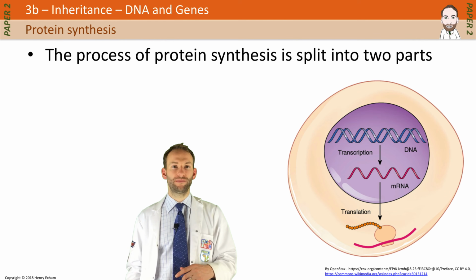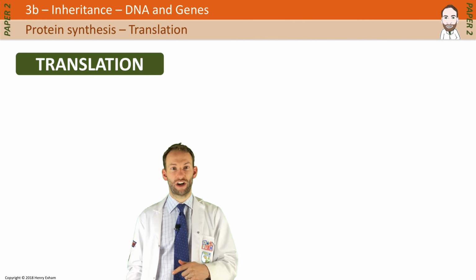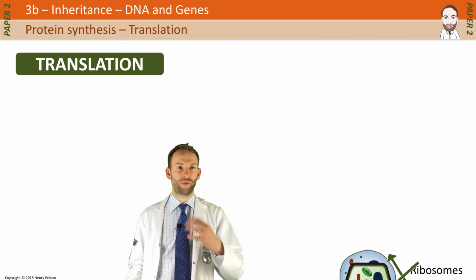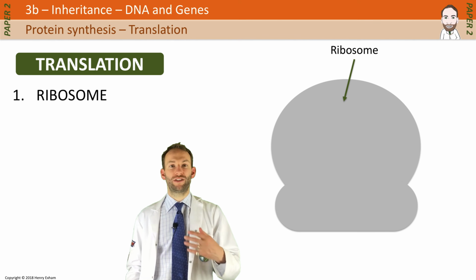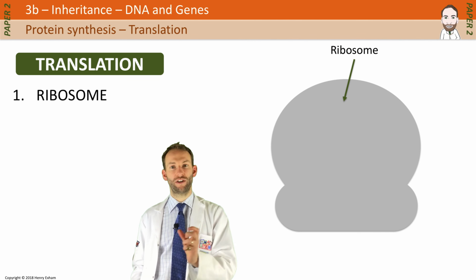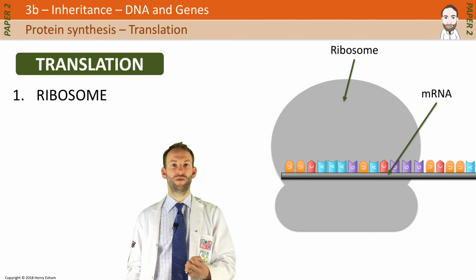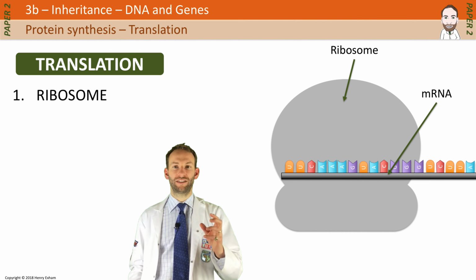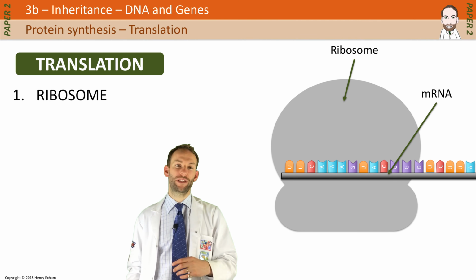Now in translation, you need two things. You need a ribosome and you need something called transfer RNA. Now a ribosome, we talked briefly about it in the cell structure video, if you need to look back at that one, but it's a very small particle that exists in the cytoplasm, and its job is to take that code, read the code 3 at a time, read the codons that we talked about, and then to take another molecule called transfer RNA, and that's where the amino acid will come in in order to start forming the protein.